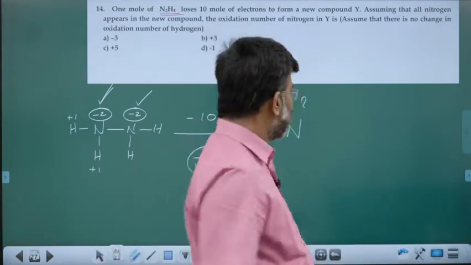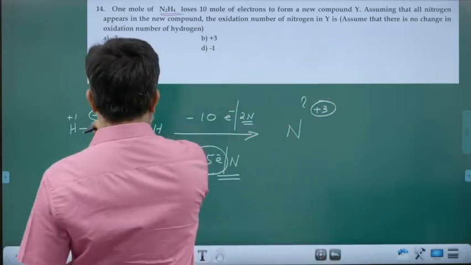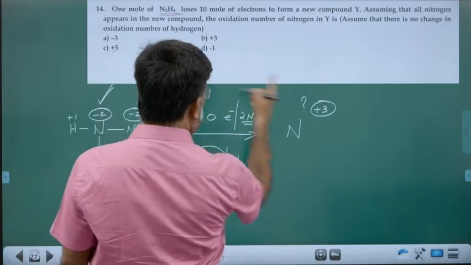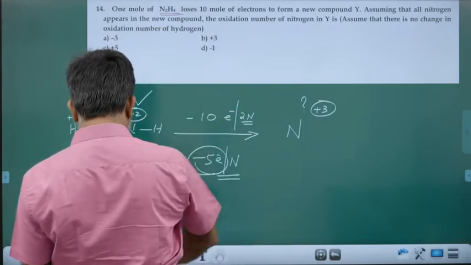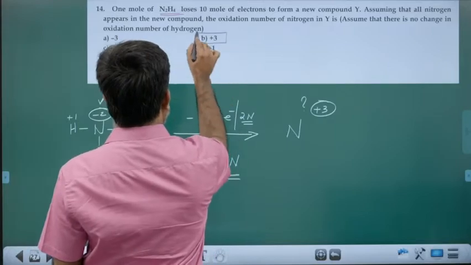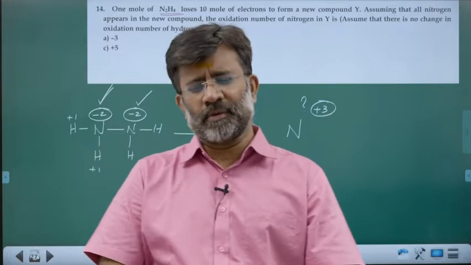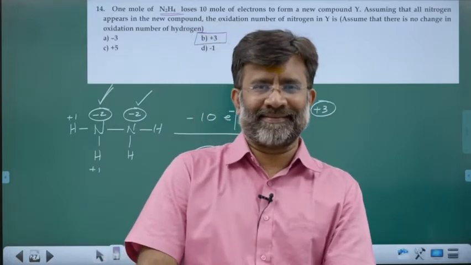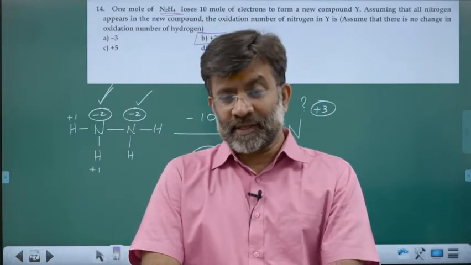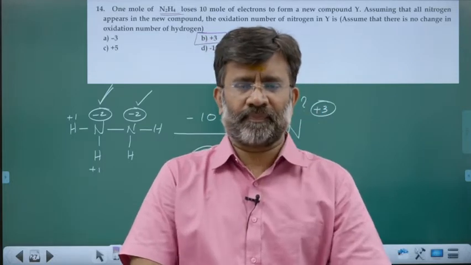Simple, it's +3. -2 losing 5 electrons reaches +3 state. Option B is the correct answer. A beautiful, simple question. But the question seems to be, oh, how to do it? Simple one.